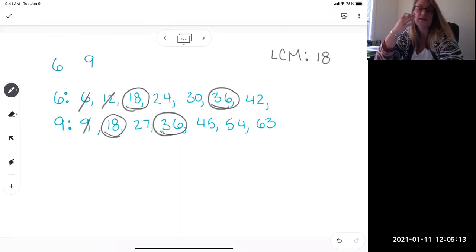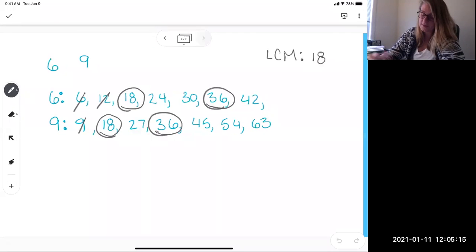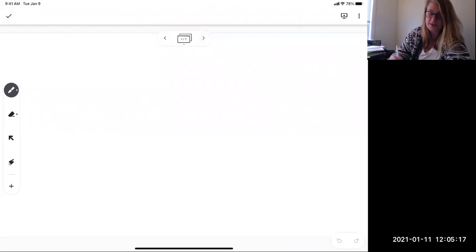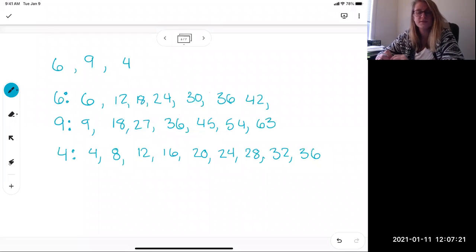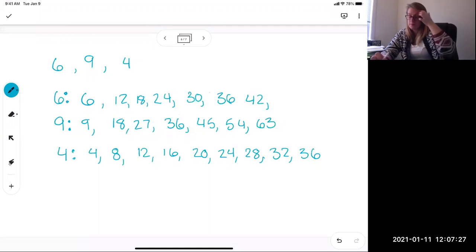Okay, let's find the least common multiple of 3 numbers. We're going to do 6, 9, and 4. Go ahead and list out your multiples until you find one that all 3 of them have in common. So this problem took a lot of listing in order to find a common multiple. I listed out numbers until I found one that I knew they were going to have in common.